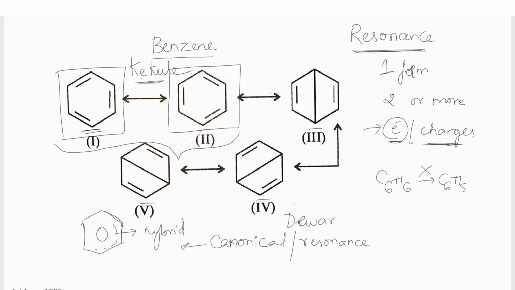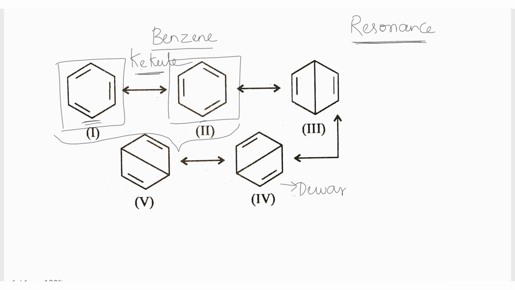Resonance hybrid is the most stable form of the structure, which follows all the characteristics. When we say the resonance hybrid is more stable compared to the canonical forms, it's in terms of energy. The energy of the resonance hybrid is very less compared to that of the remaining canonical forms.